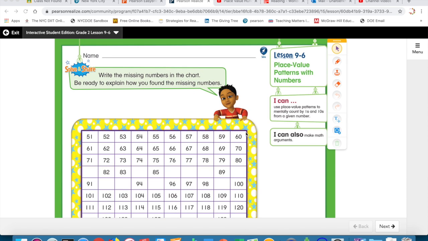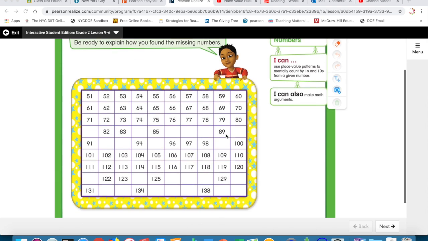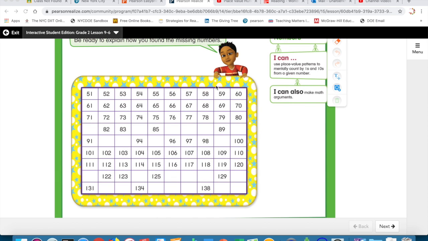All right, so today your learning target is I can use place value patterns to mentally count by ones and tens from a given number. And if you remember correctly, this here is called a hundreds chart, and we have used this already in the past several times, right?